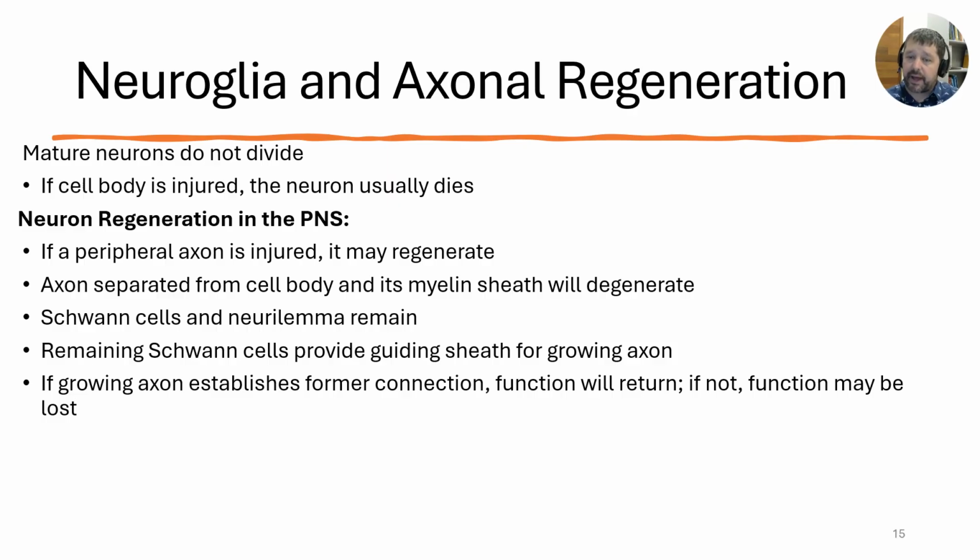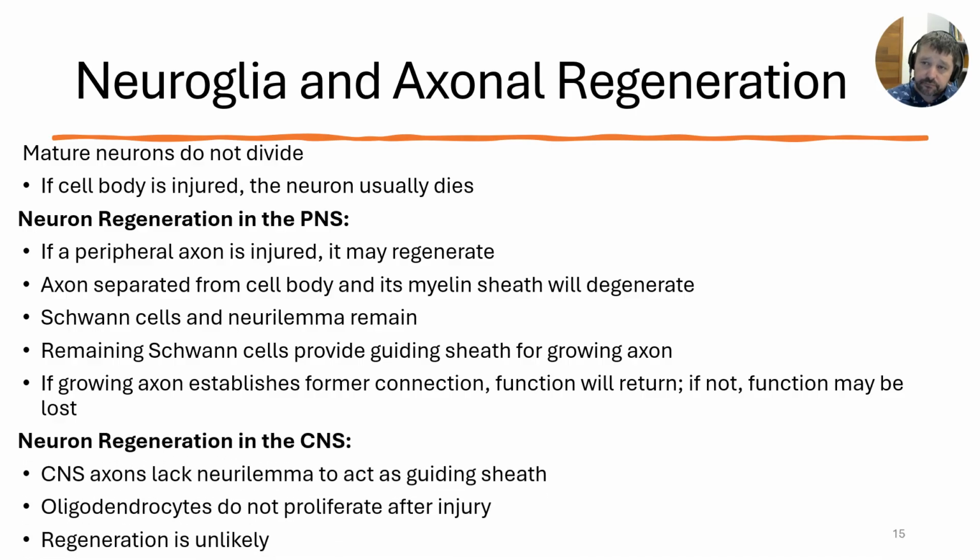That axon can grow back, okay, as long as the Schwann cells are there. And I'll show you a description of this, kind of a time scale of this. If it can return to the same connection point, then function will return. If it's not the same connection point, so let's say it's connected to a gland, okay, and that axon has been severed, if the same connection point is not capable, the cell will die and the function will be lost.